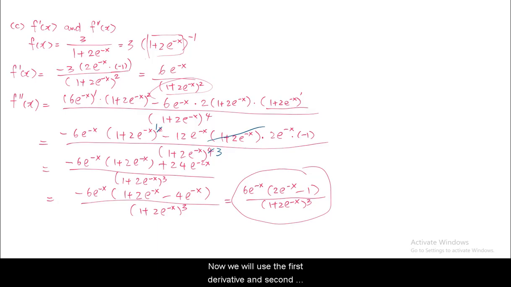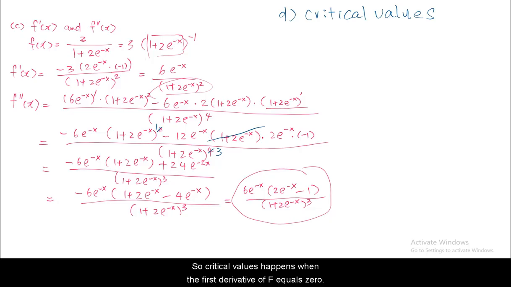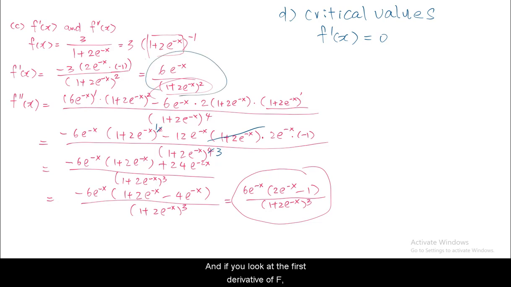Now we will use the first derivative and the second derivative of f to find the critical values and inflection points. Start with critical values. Critical values happen when the first derivative of f equals 0. If you look at the first derivative of f, the top is always positive and the bottom is always positive, so it will never equal 0.